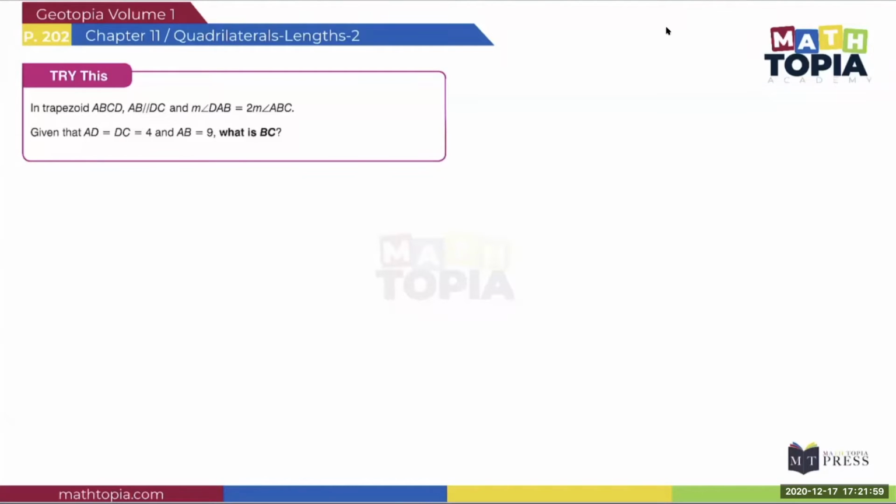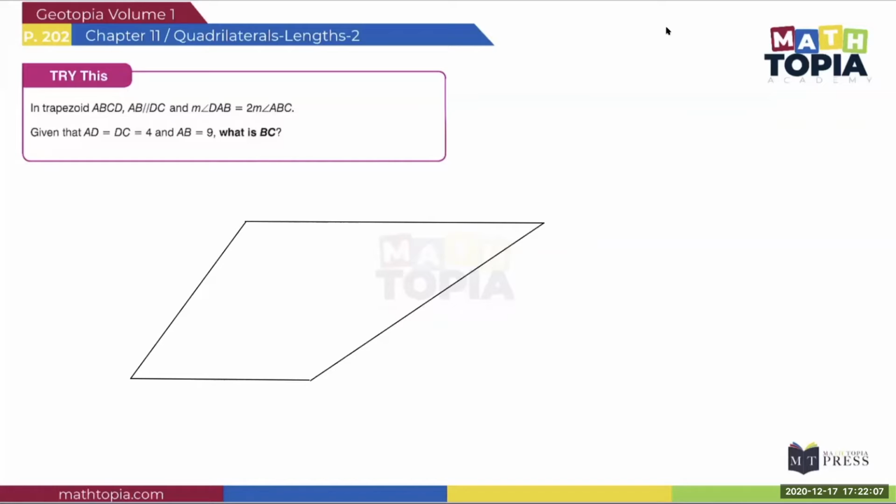You have 4, 4, and this top side here is going to be 9. So like that. So it's 4, 4, 9. So we have measure of angle DAB is equal to 2 times measure of angle ABC.